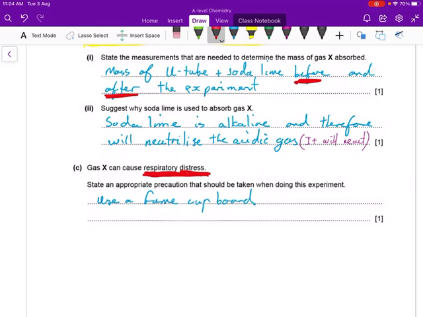You'll need to do it in something called a fume cupboard. So an extractor fan connected to a closed container, with see-through walls, and it sucks out whatever gas is being produced in there. So that's a fume cupboard. Remember the terminology fume cupboard.